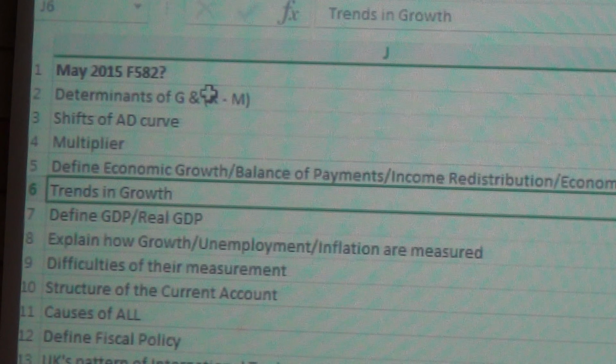Next, you might be asked, and this is just getting more and more common, that you're given a set of data, and generally speaking that is a graph. Now, in the previous sessions it's been unemployment and inflation, so maybe in this session you will be presented with a data set and a chart on economic growth, and you'll be asked to describe and discuss it.